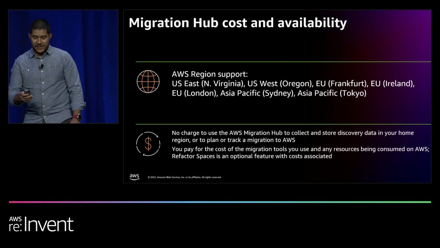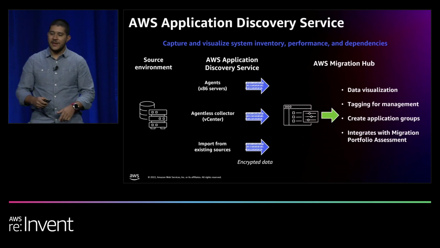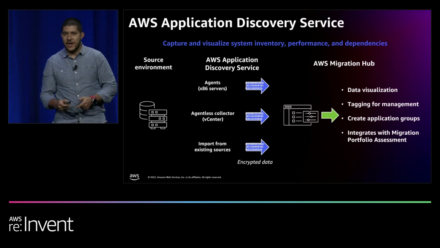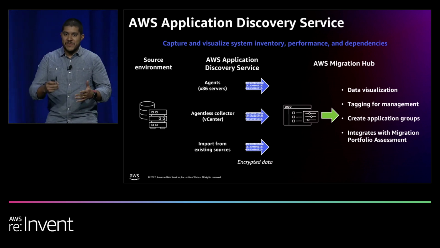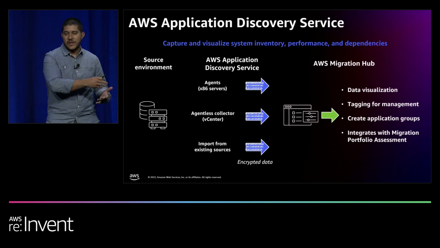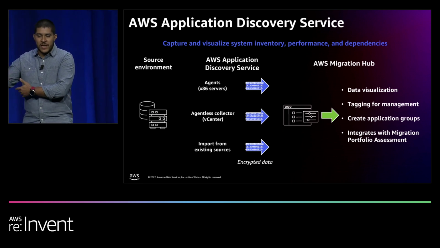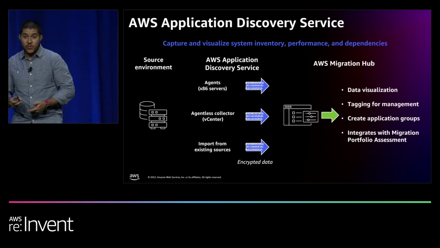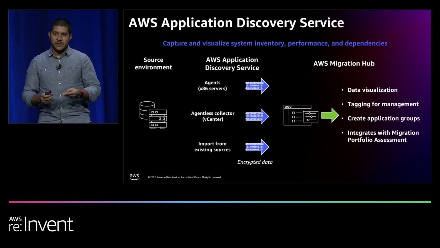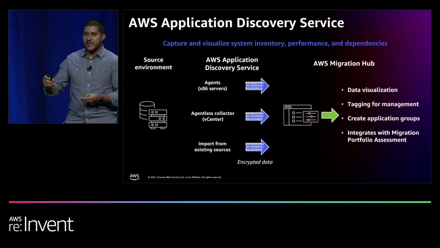And to get the data into a Migration Hub, we can leverage Application Discovery Service. So it's the native feature to get information from source environment and then move this data and this information to Migration Hub. And we can do this using 3 methods. Agent-based, so we need to install an agent in each x86 servers.